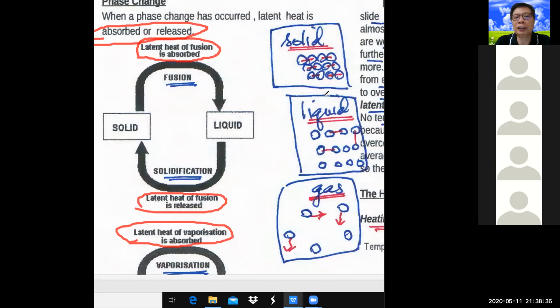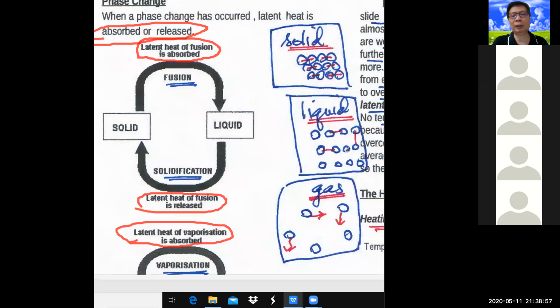When it goes to liquid, this intermolecular binding force becomes weaker. This attraction force becomes weak. That's why the molecules loosen a little bit and go further apart. This is the liquid state.